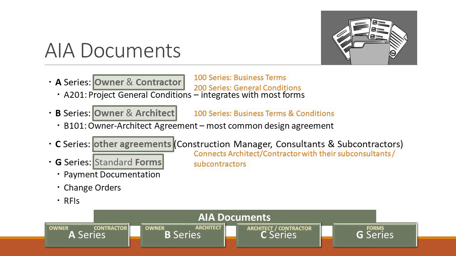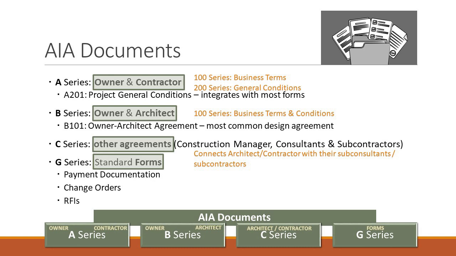The 100 series, for understanding, has the business terms. It's going to be the description of the project. It's going to have the price. It's going to have the duration or the schedule. And it's going to have details of how payments are made. Pricing, individual hourly rates, whatever. So think of 100, 101, 102, 103, whatever. The 100 series are the business terms.